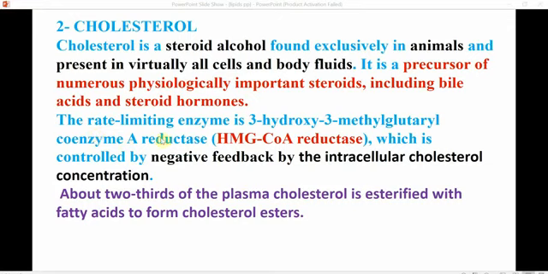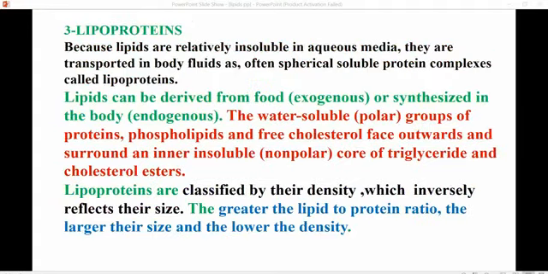The rate-limiting step for its synthesis is 3-hydroxy-3-methylglutaryl-CoA reductase, which is inhibited, as you know, by the statins. It is also controlled by negative feedback from the intracellular cholesterol concentration. In plasma, about two thirds of the cholesterol is esterified with fatty acids to form cholesterol esters.